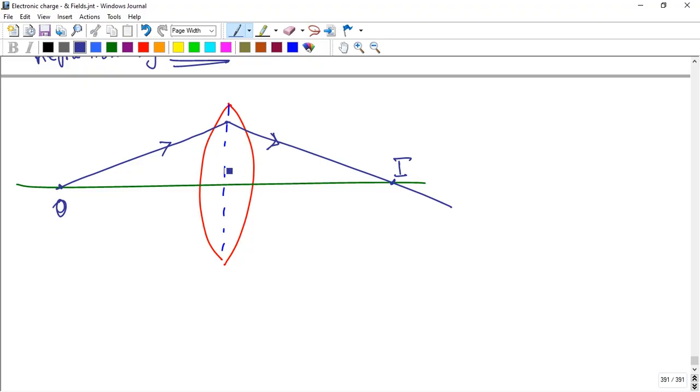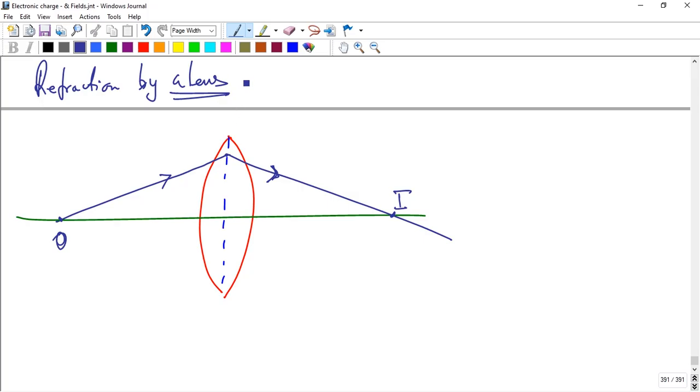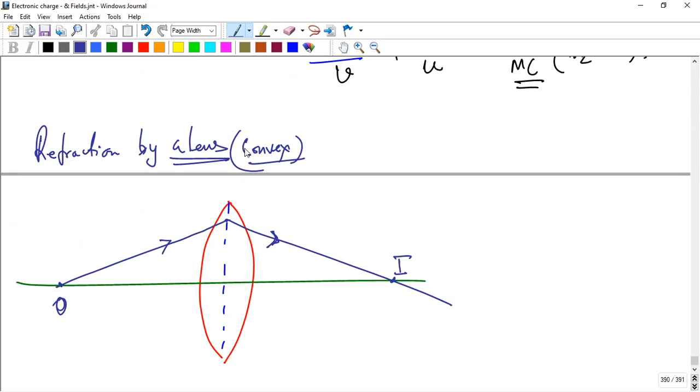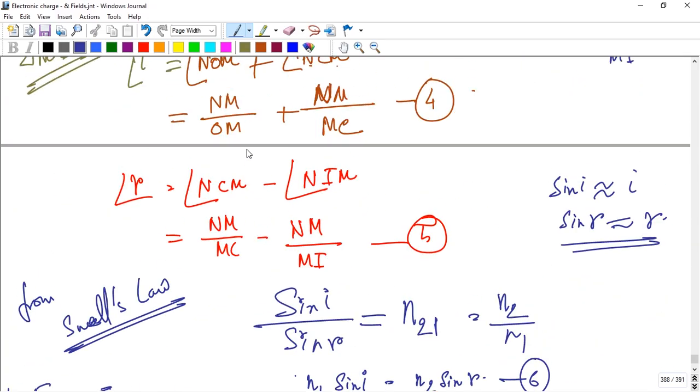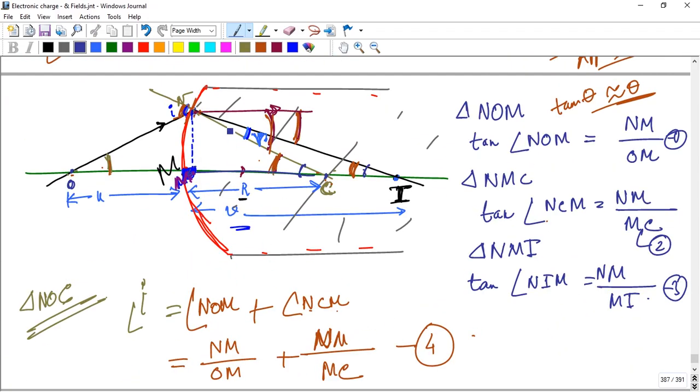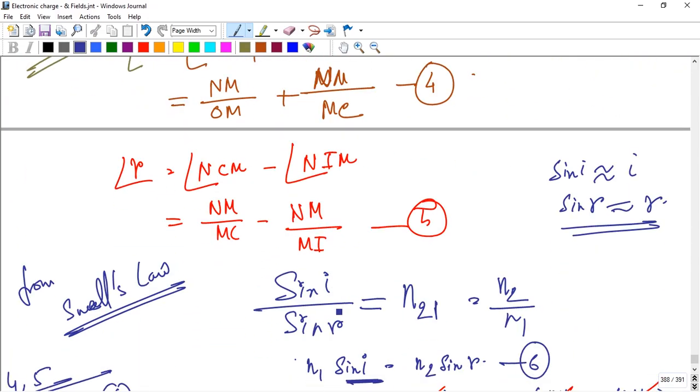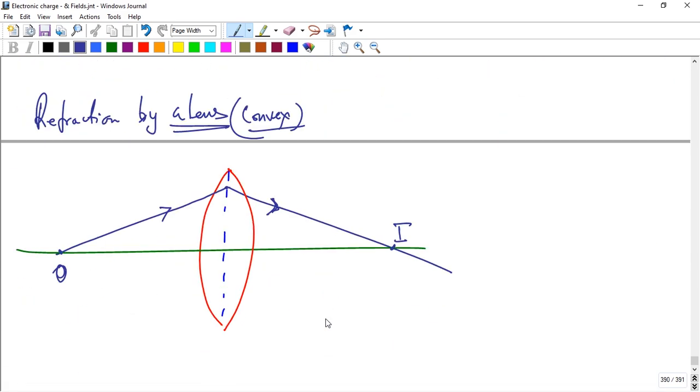There is a bending here, and that's why these are called convex lenses. Previously we chose one left side surface, and here we choose both left and right surfaces.